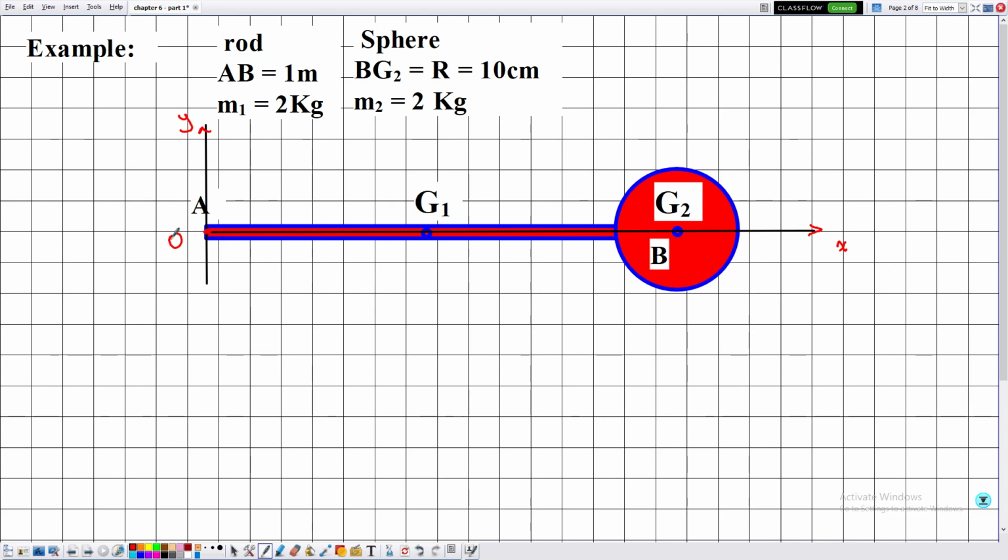And this is the origin O. Then we are interested in applying the barycenter formula, which is given by OG is equal to the summation of mi OGi divided by the summation of mi.